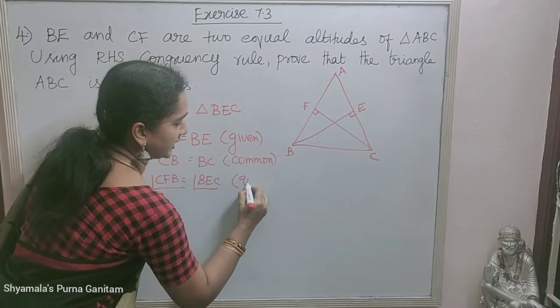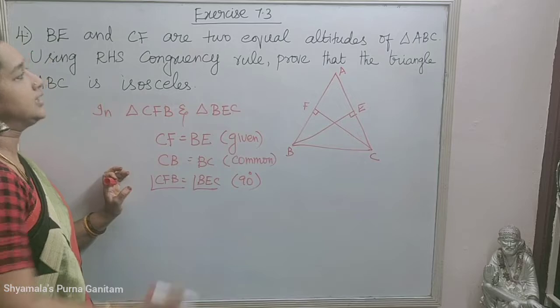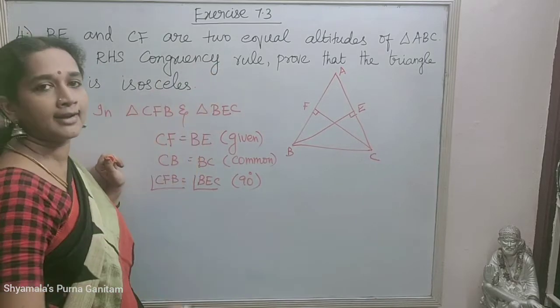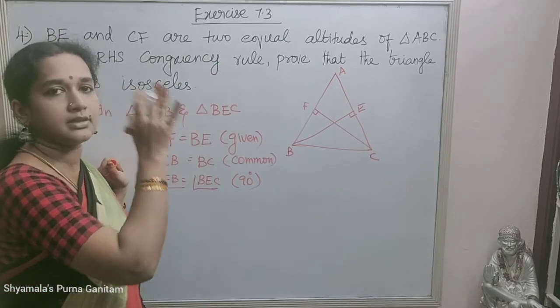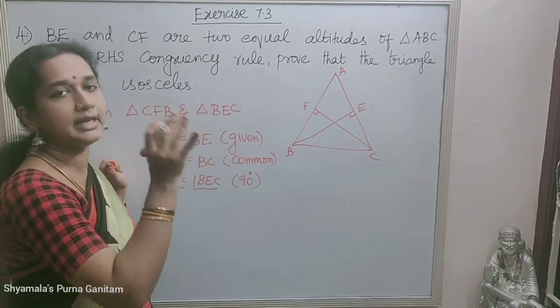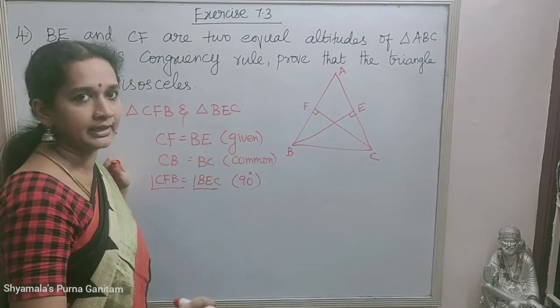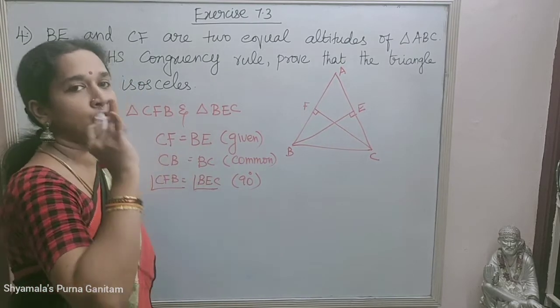These two angles are given as 90 degrees. We are asked to prove using RHS congruency. RHS congruency means the triangle should have a 90 degree angle and the hypotenuse should be equal.